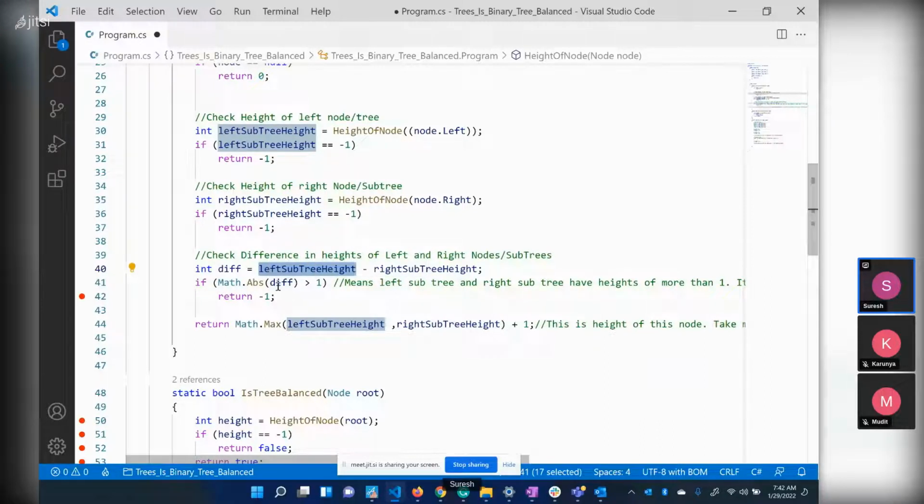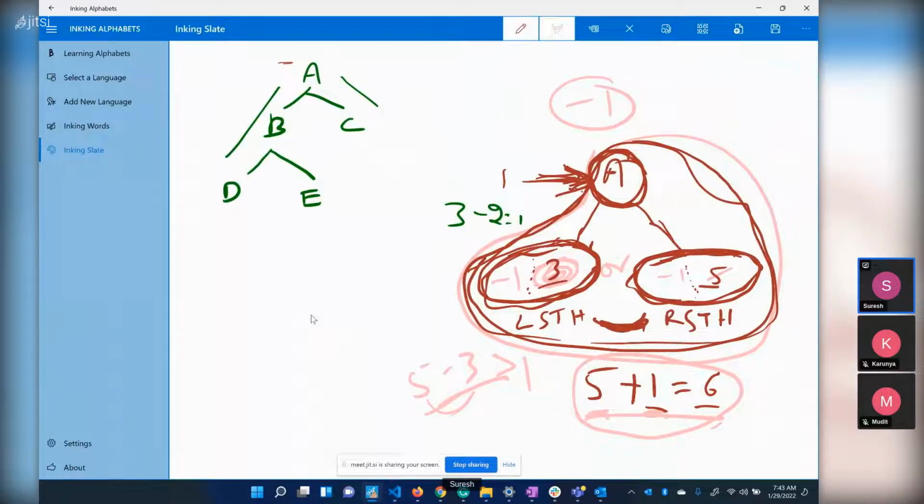So if the difference is greater than 1, even if, let's say, the left subtree height is 5 and the right subtree is 3, this is actually the correct value. So 3 minus 5 equals minus 2, right? And what is the absolute value of minus 2? 2. Absolute value is 2.